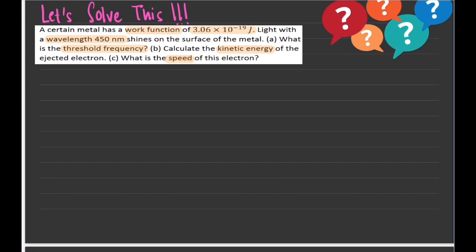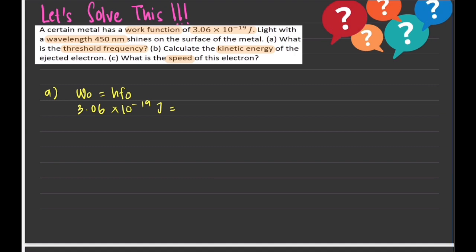Okay, for question A, threshold frequency. The question asks for f naught. So we use the formula W naught equals h f naught, where W naught is the work function. We just plug in the value 3.06 × 10^-19 joule.